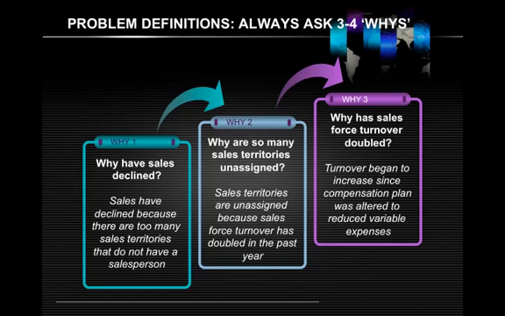And then you realize that the variable compensation plan, or the incentive plan, was changed because the CFO thought that was a better way of going about it to reduce the variable expenses. And because of that, it demotivated the salespeople, and then they started leaving the company.